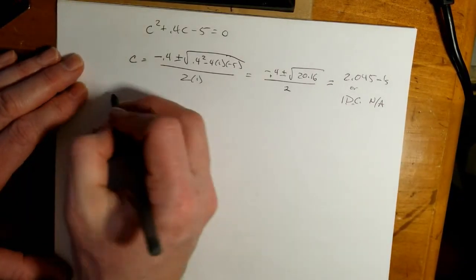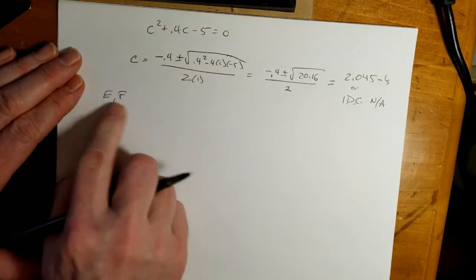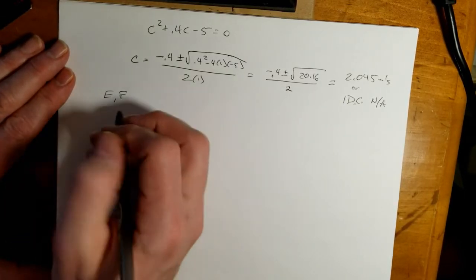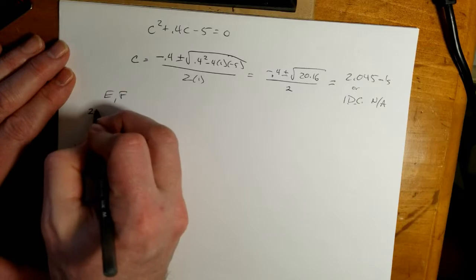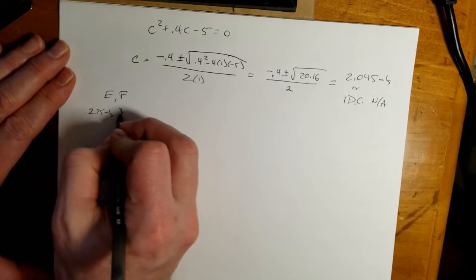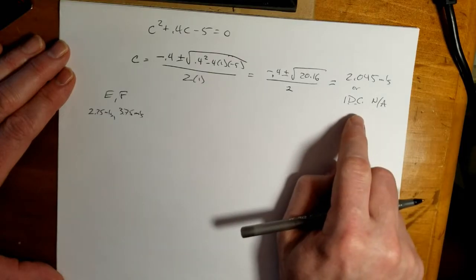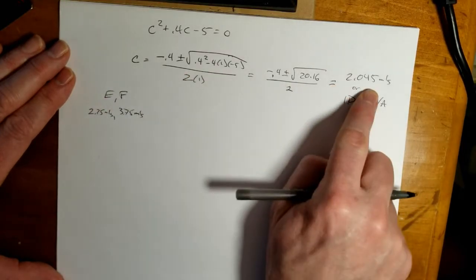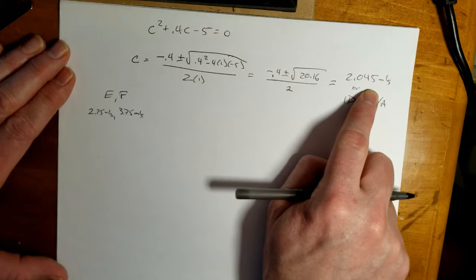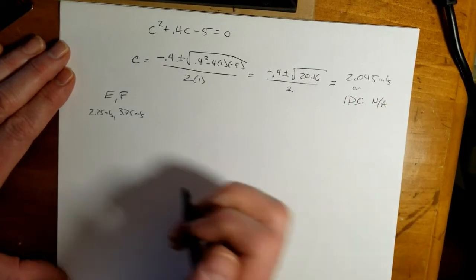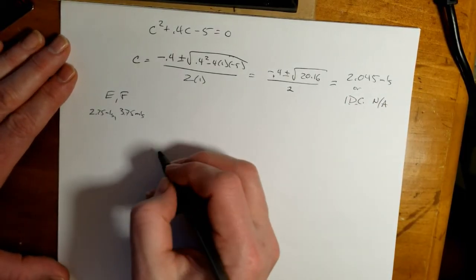So at this point, I know E and F, and these are the speeds in the zero momentum frame: 2.25 meters per second and 3.75 meters per second. Then I know c, in the lab frame or the problem frame. I still need to find d and theta, but to do that, I need to find phi also.